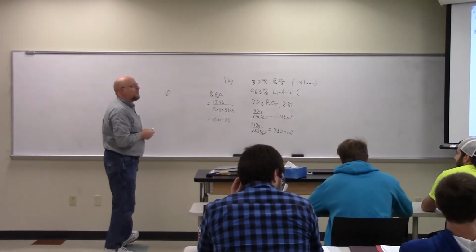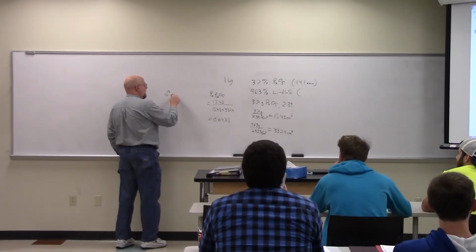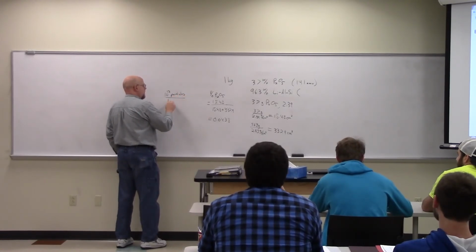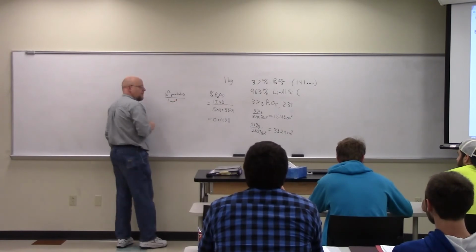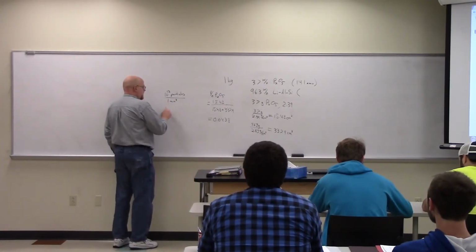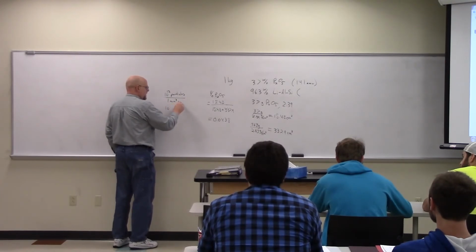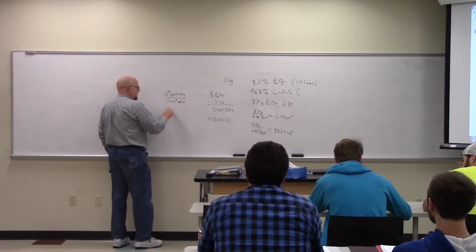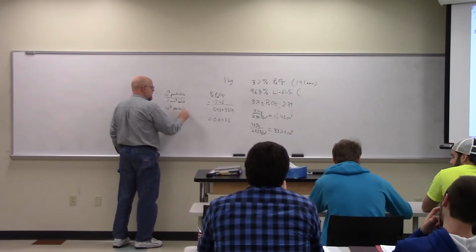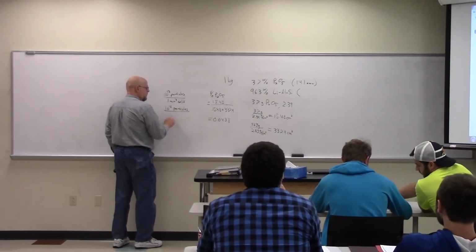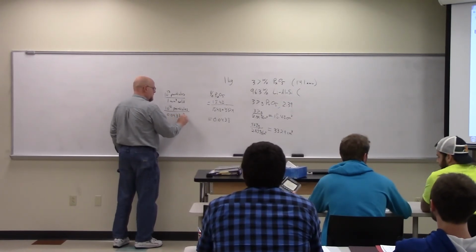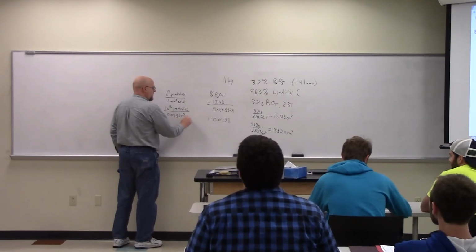Yes. 10 to the 12 particles per 1 cubic millimeter, right? So that means there's 10 to the 12 particles per 0.0438 cubic millimeters of P2O5.